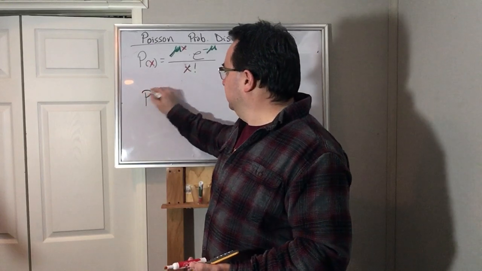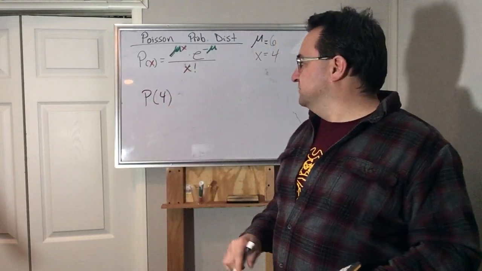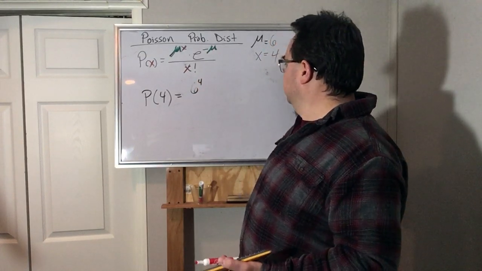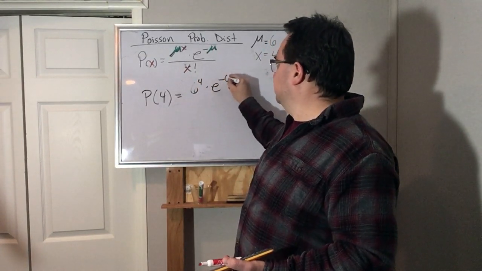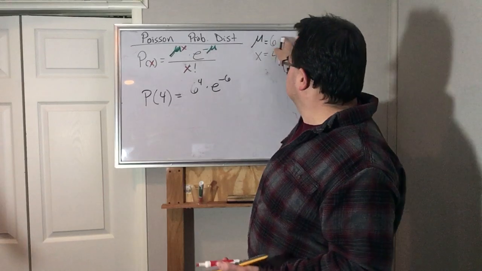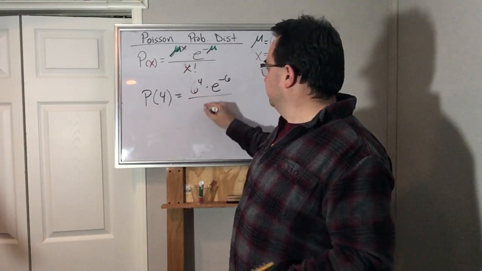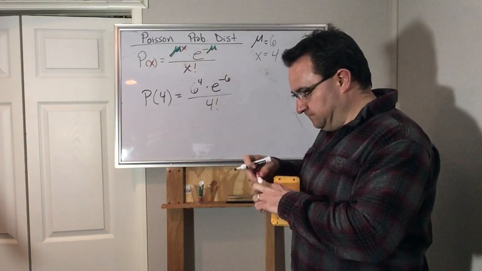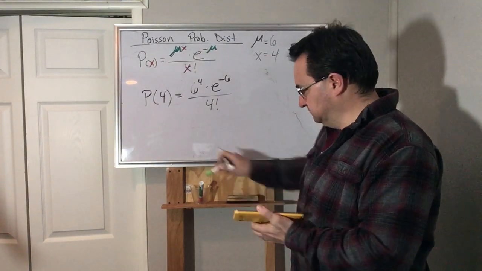So the probability that 4 cars go through in the next hour would be 6 to the 4 times e to the minus 6, over 4 factorial. So I'll type that in just a second.